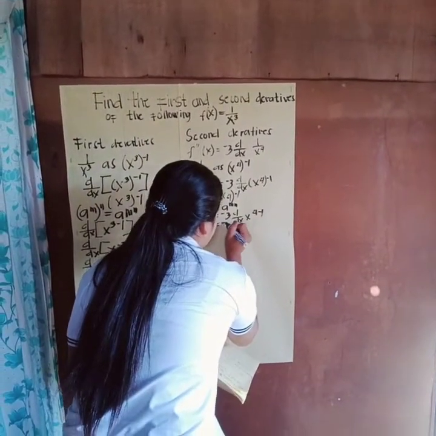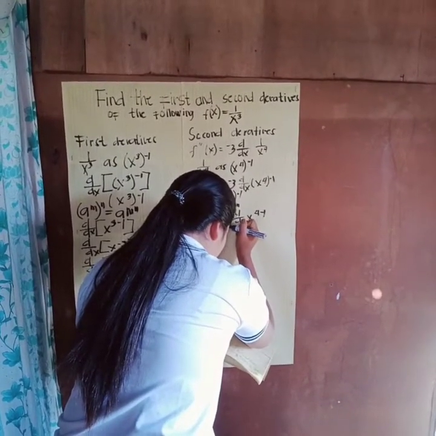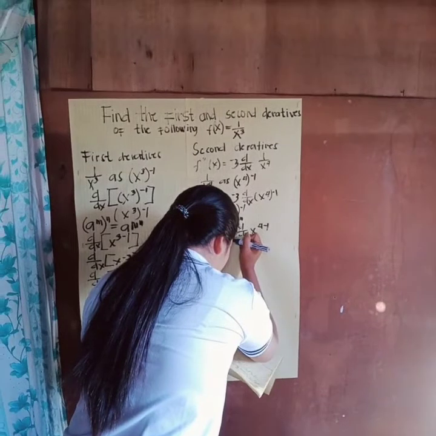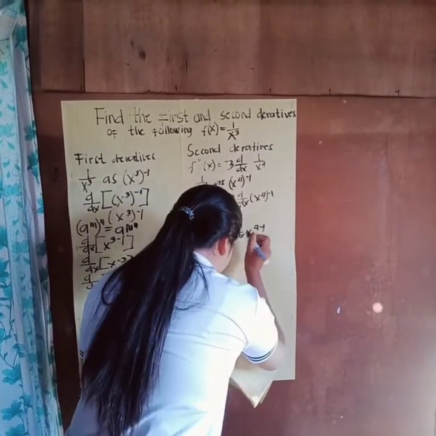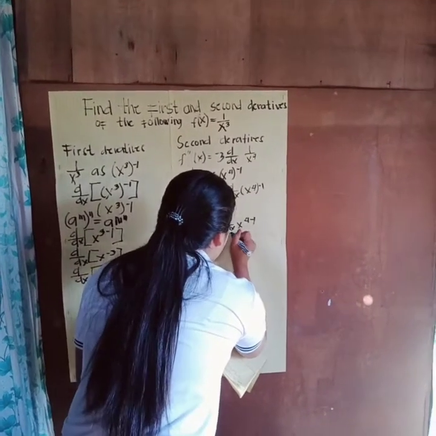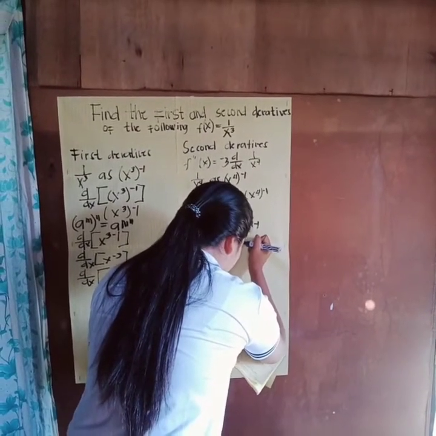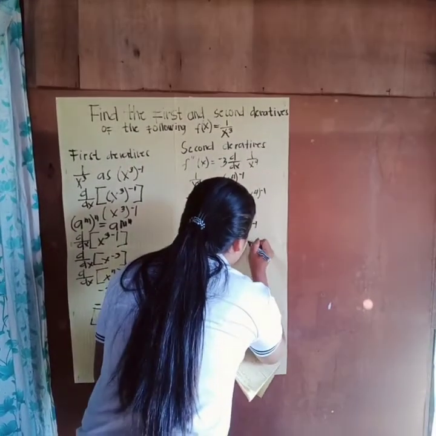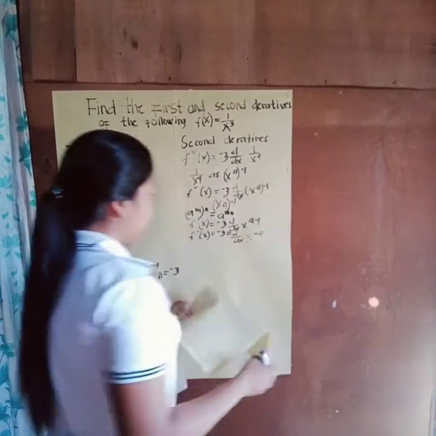f double prime of x is equal to negative 3 d over dx of x to the negative 4.